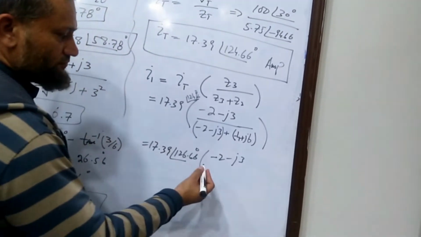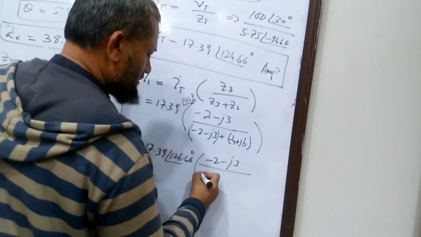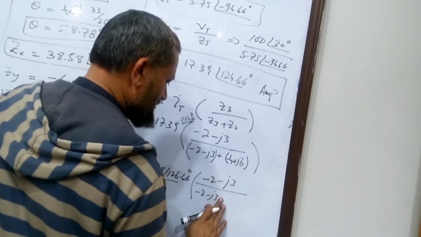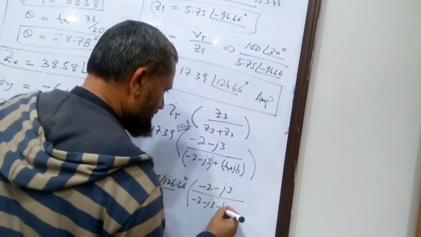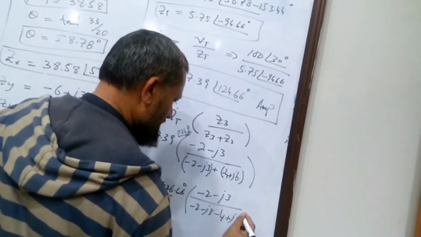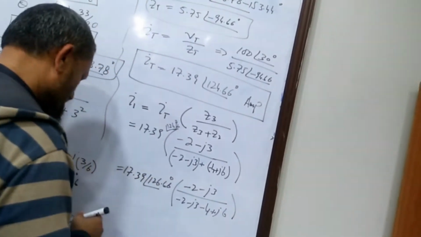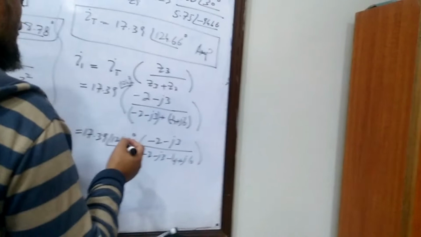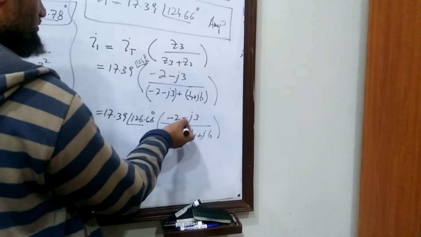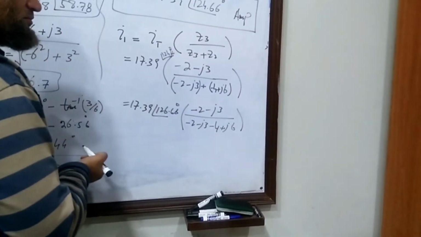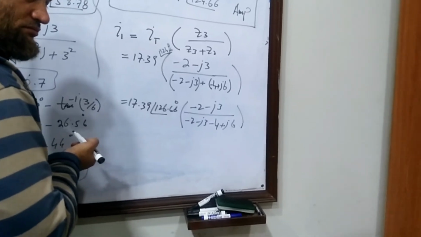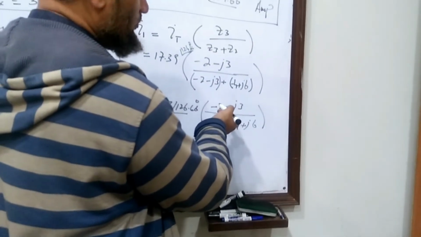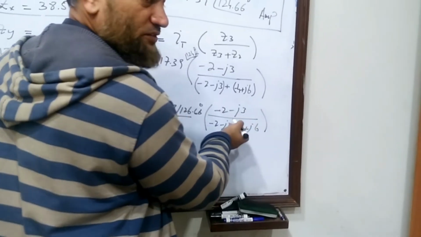Again, how much is this one? Minus 2 minus j3 plus, or minus, this is minus, 4 plus j6. So this gives minus 2 and minus j6, change to polar. And 180 degrees plus the theta of this.